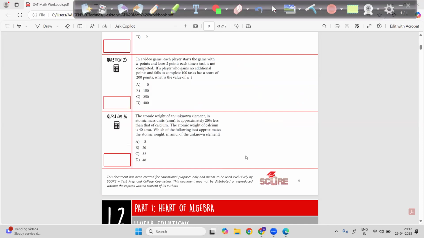The atomic weight of an unknown element in atomic mass units is approximately 20% less than that of calcium. The atomic weight of calcium is 40 atomic units. These are percentage questions which most of you should be able to do.